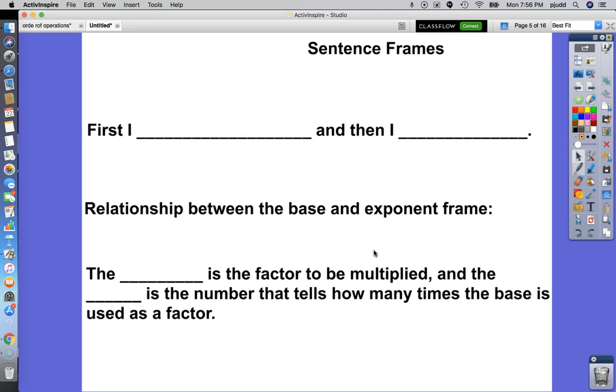And the relationship between the base and the exponent. At the end of the lesson, you're going to be asked to reflect on this. So the base, that's the word that would go here, is the factor to be multiplied, and the exponent is the number that tells how many times the base is used as a factor.